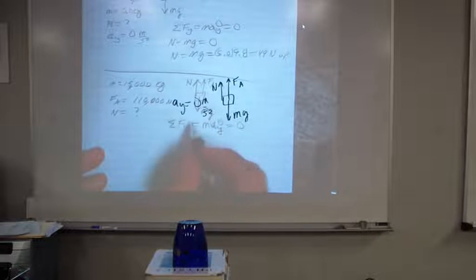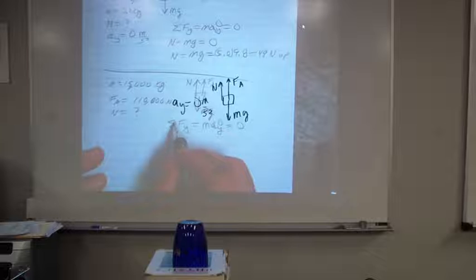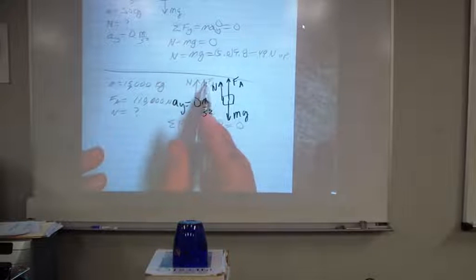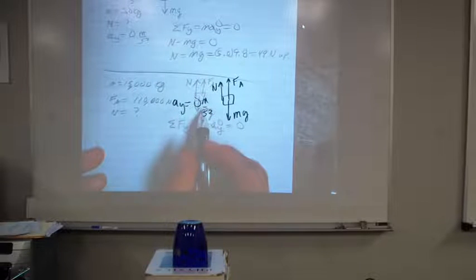The whole right side is 0. What's this side here? Sum up the y forces. You have 3 of them, right? These are up, so you add them. These are up, so you add them. mg is down, so you subtract it.